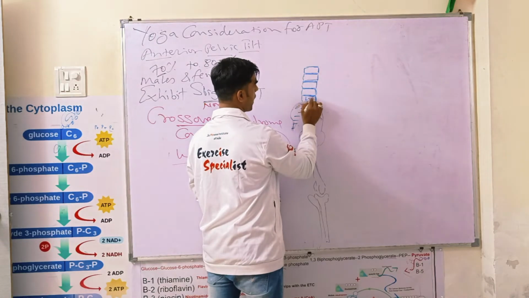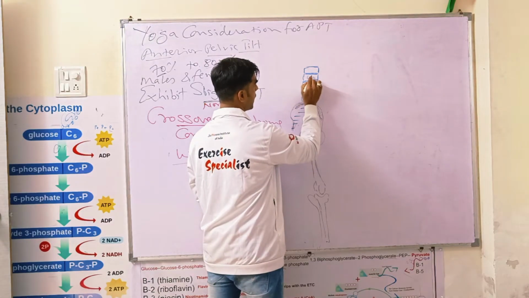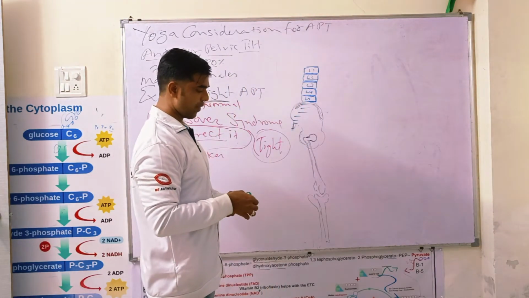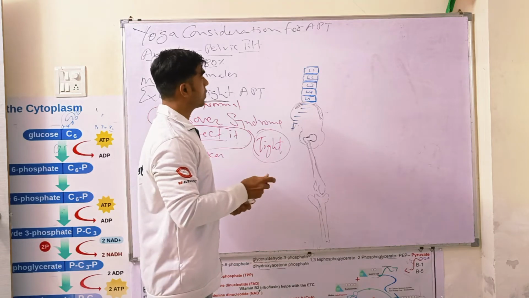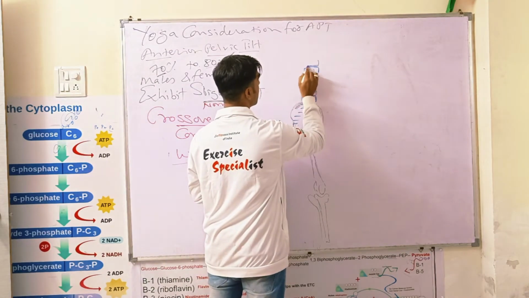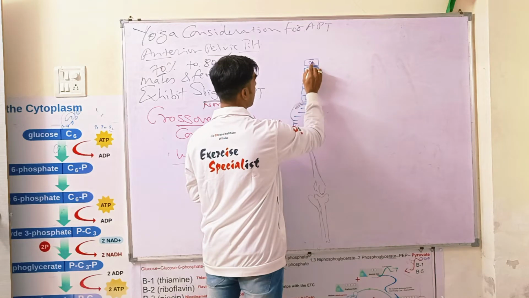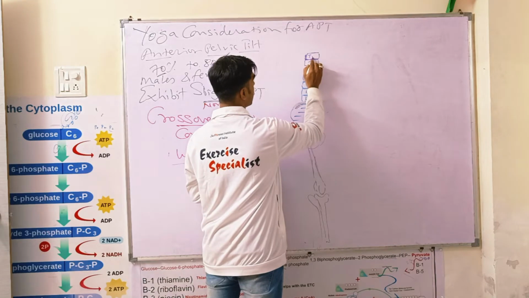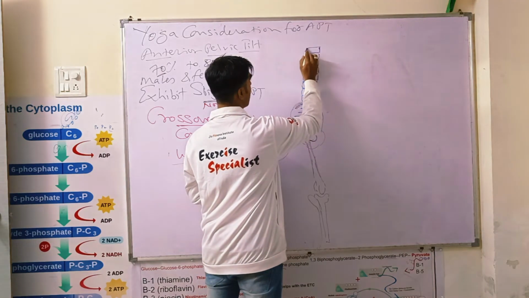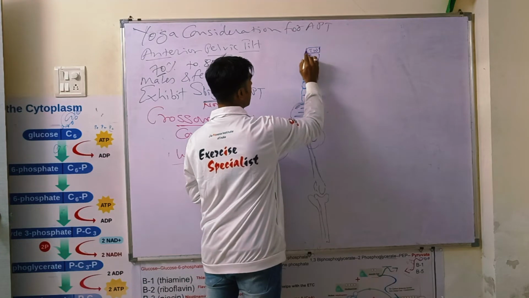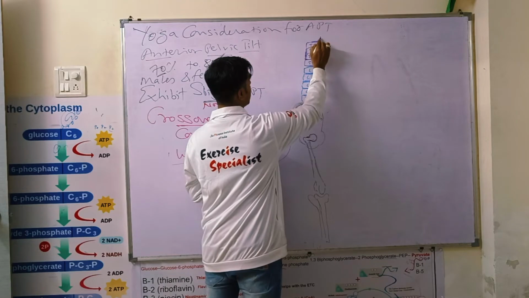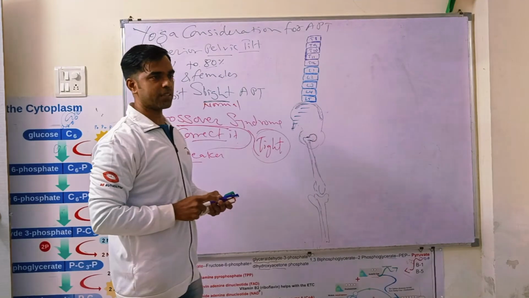Right? L5, L4, L3, L2, L1. This is lumbar region. Then we have thoracic region: T12, T11, T10, T9, T8. I am drawing some of these vertebrae, not all.